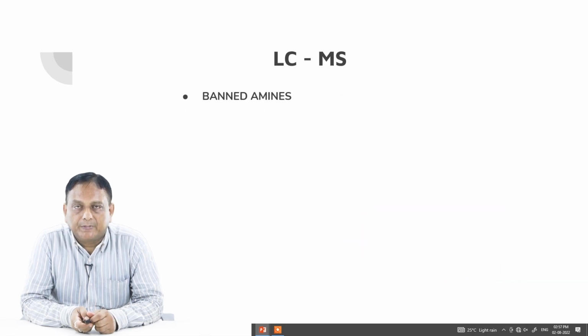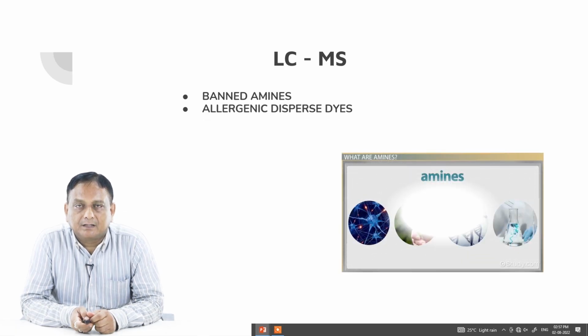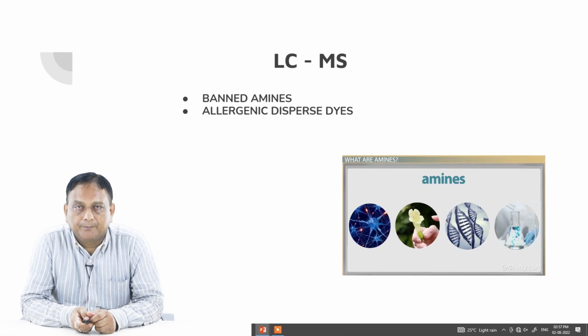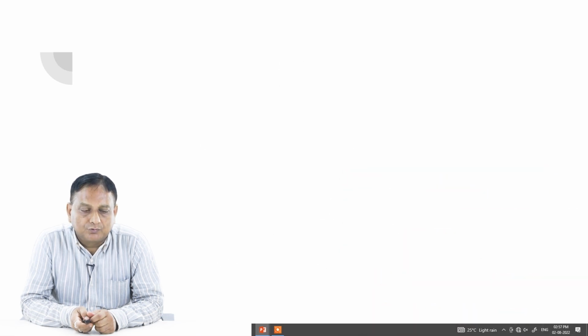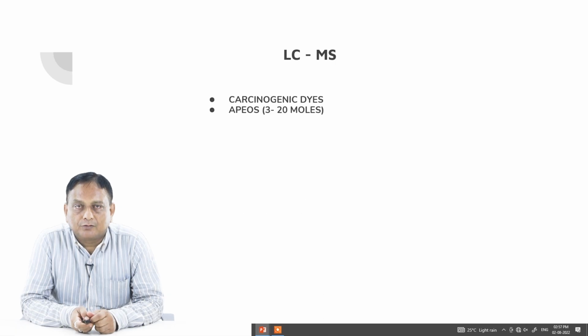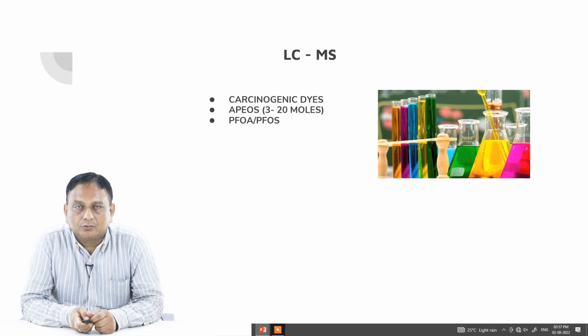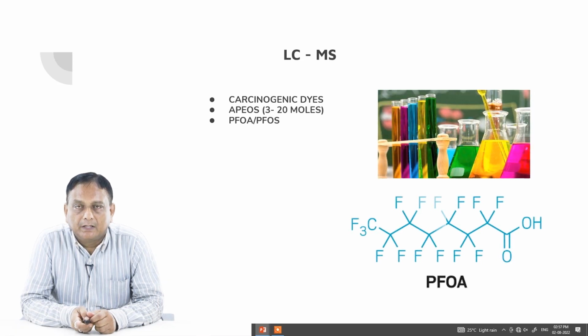LC-MS is another equipment that we want to discuss, which is useful for determination of banned amines and allergenic disperse dyes. So different equipment is used at different levels. LC-MS is also used for carcinogenic dyes, APEOs, alkyl phenol ethoxylates, PFOA, perfluorinated compounds, and PFOS. Those can be detected through LC-MS.